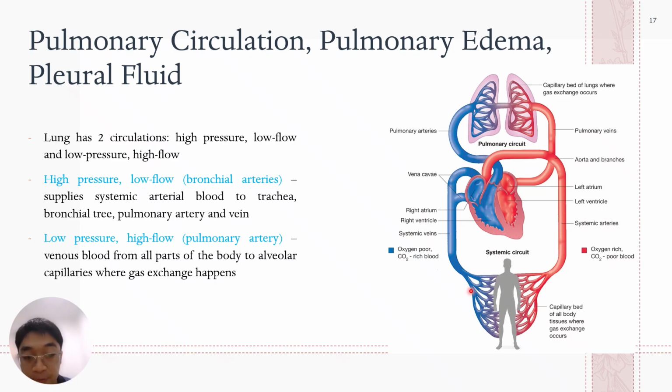However, after the oxygen is used in our tissues, it becomes deoxygenated and is collected via the veins. It goes to the vena cava towards the right side of the heart in order to pump the deoxygenated blood towards our lungs.